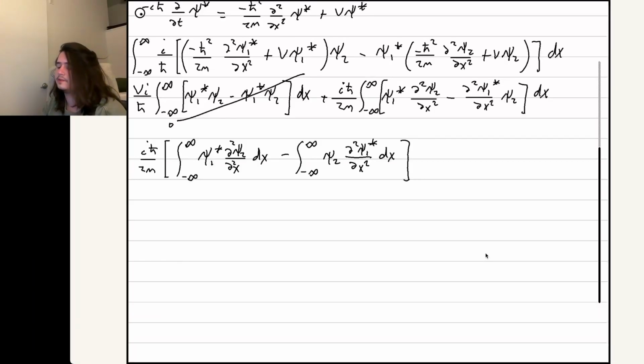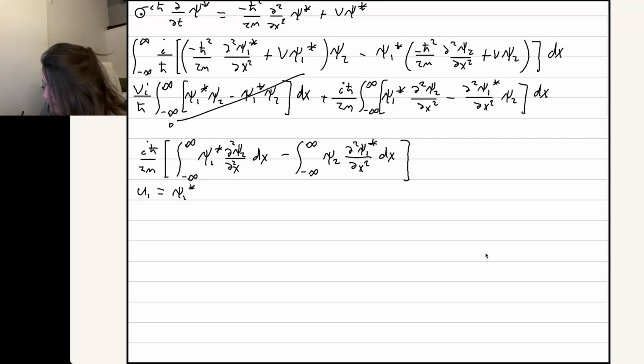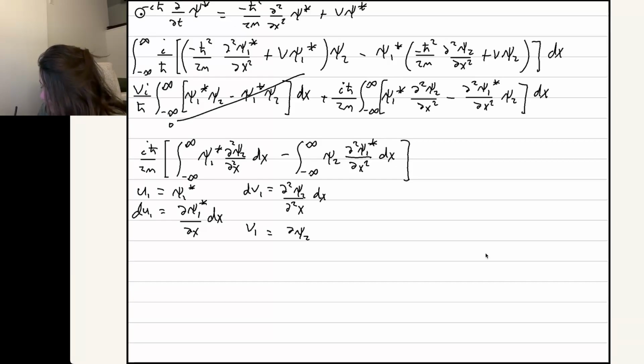We're going to do integration by parts on both of these at once. For the first one, u1 equals psi 1 star, so the differential du1 is the partial derivative of psi 1 star with respect to x times dx. Then dv1 equals del squared psi 2 del x squared dx, and the integral of that, through the fundamental theorem of calculus, is just del psi 2 del x.